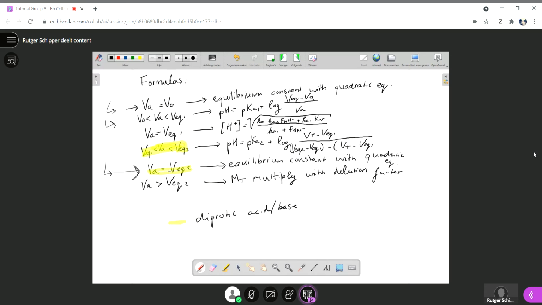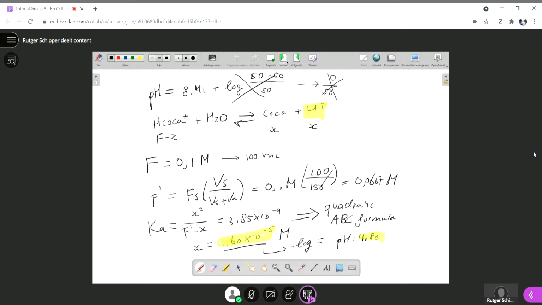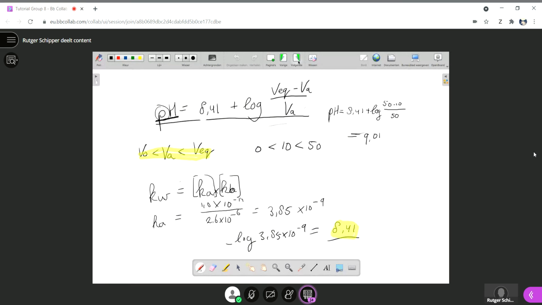And the reason for all of these formulas being here is because with diprotic acids, you obviously have 2 equivalence points. So it gets a little bit more complicated. But the volume added is equal to the equivalence point, and we use the equilibrium constant with the quadratic equation again. But now we do not use the base constant, but we use the acid constant, right?